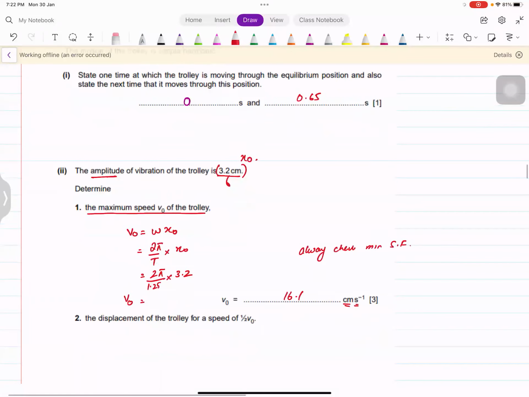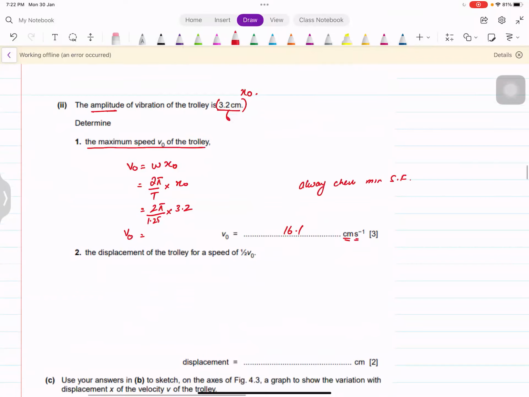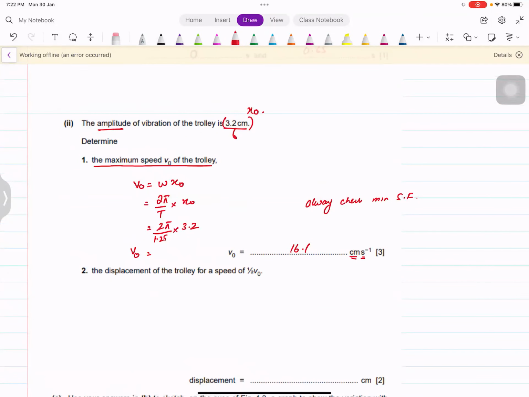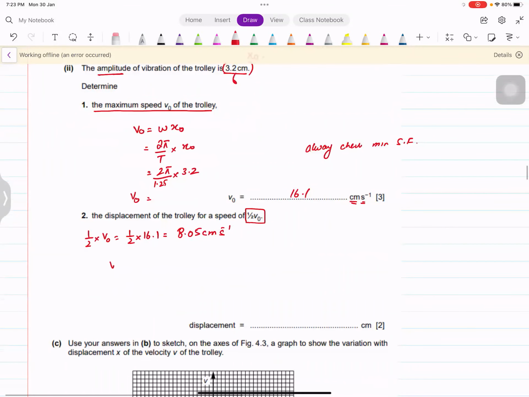Now, the displacement for the trolley at half v naught, right? So we have v naught. Can you do half of v naught, which is half of 16.1? What do you get? 8.05. Yes, sir. All right. Now we use the formula v equals plus minus omega root of x naught squared minus x squared. So this is your best friend equation.